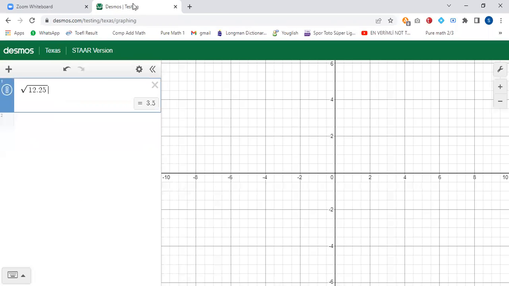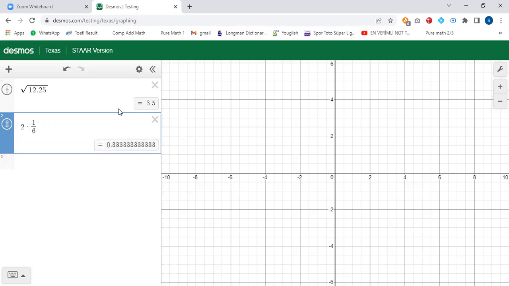Okay, guys, we have to be careful here. Your calculator will not convert 2 and 1 over 6 to a decimal. If you try to type this in your graphing calculator, TI-Nspire, then your calculator will multiply 2 by 1 over 6, and then you're going to get this. So guys, this is wrong. You cannot convert mixed fractions into decimals in your calculator.